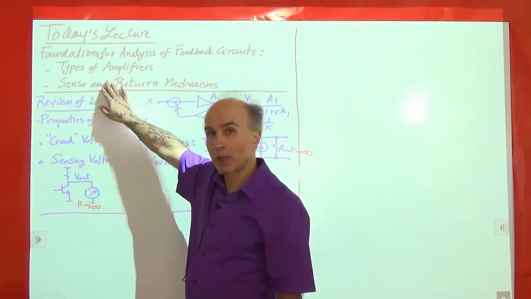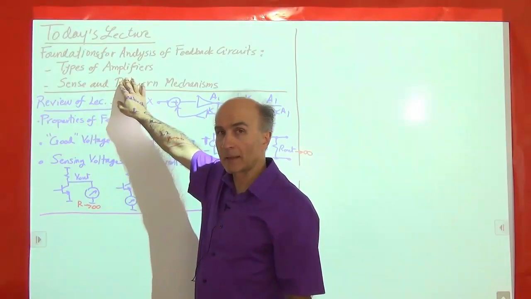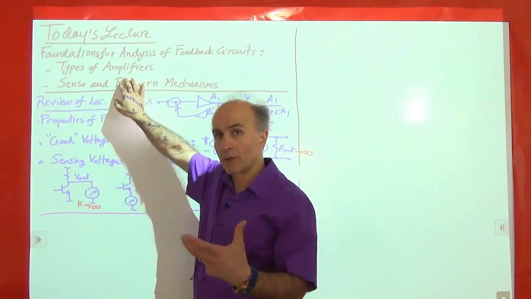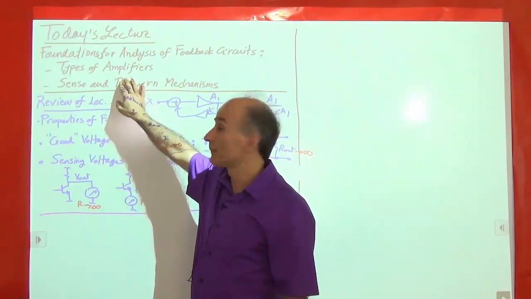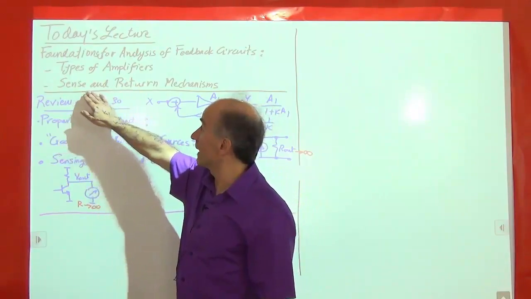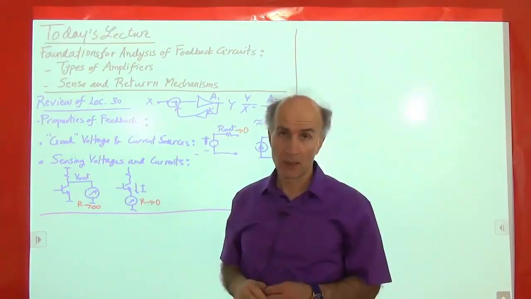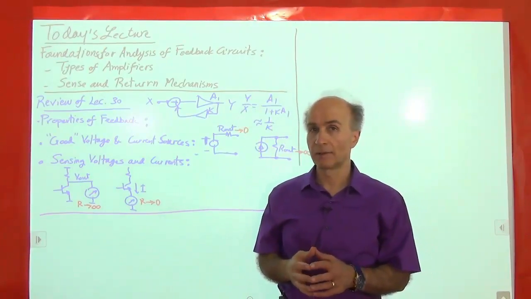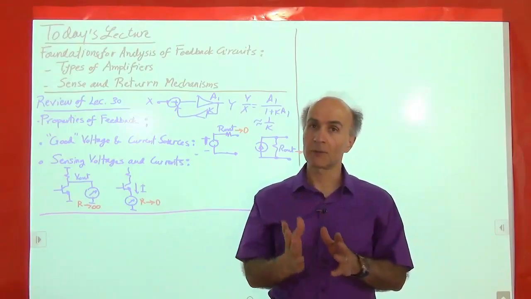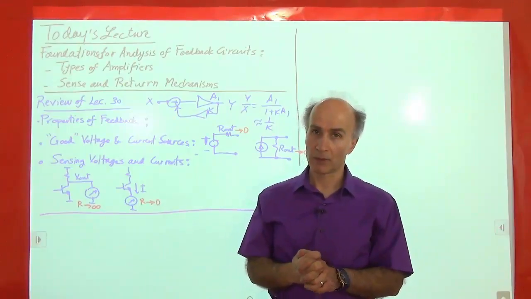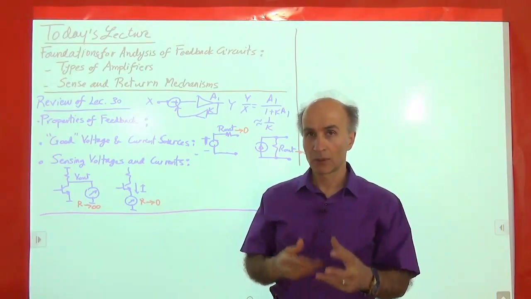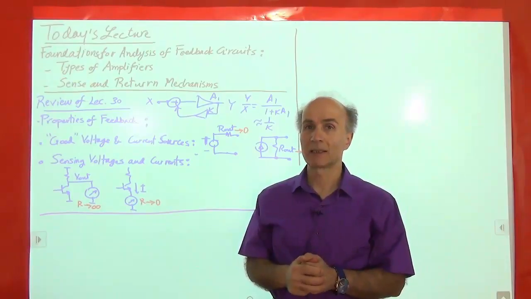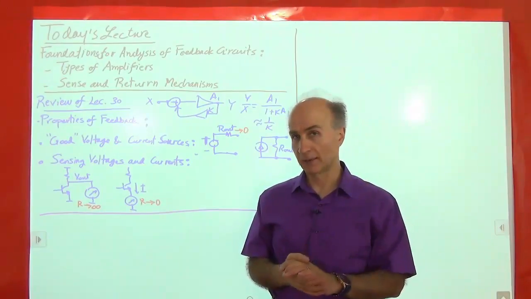Something that we haven't quite seen in the past, but is necessary for understanding feedback circuits. And then talk about sense and return mechanisms. We briefly looked at what we mean by sensing a signal and returning or subtracting a signal in a feedback circuit. But now we want to understand that more clearly, especially at the circuit level.